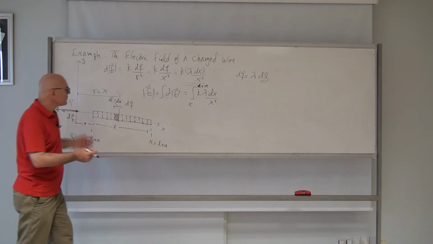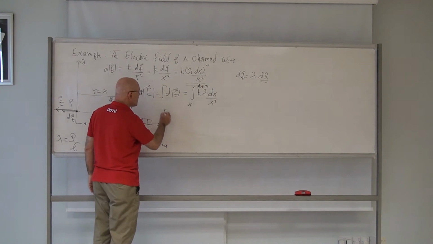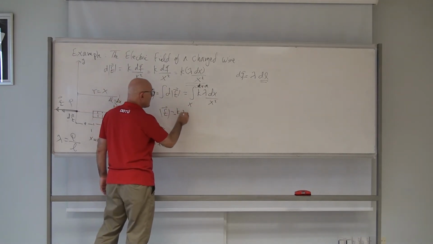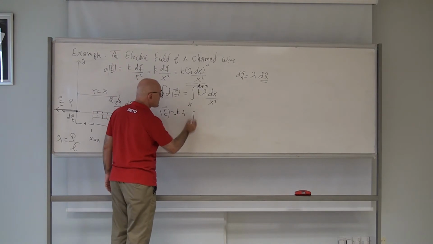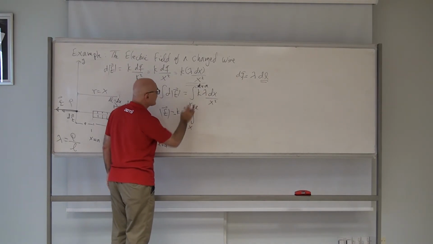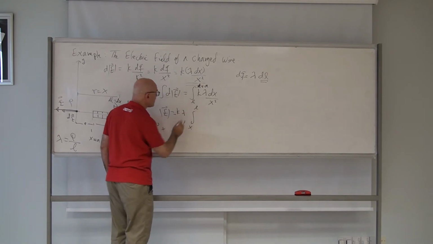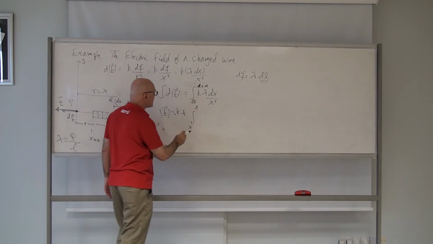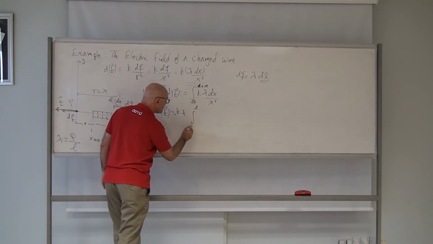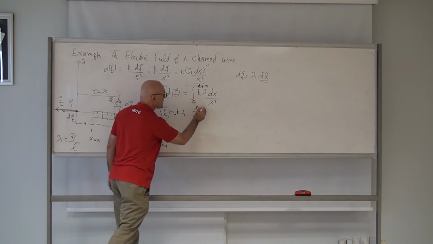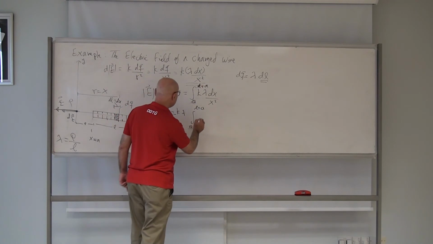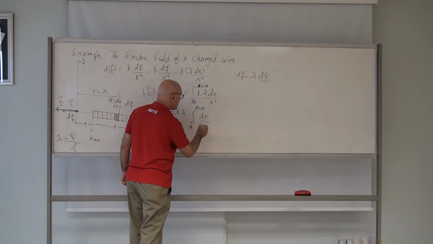So you just proceed, and you say E in this case, k and lambda are both constants, so you take them outside the integral from a to L plus a, and you will have dx over x squared.